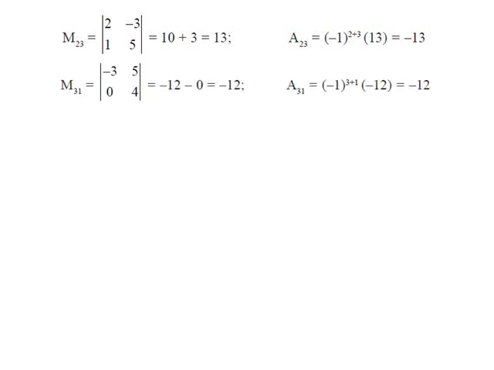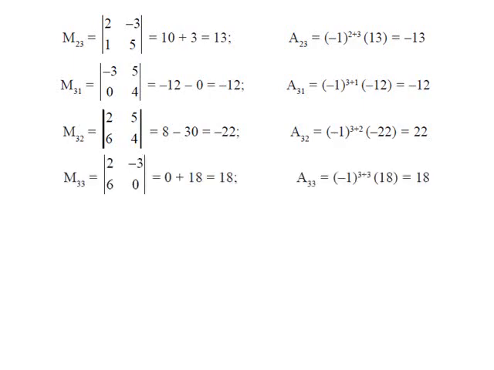Minor M31 equals minus 12 and cofactor a31 equals minus 12. Next, minor M32 equals minus 22 and cofactor a32 equals 22. Last, minor M33 equals 18 and cofactor a33 equals 18.